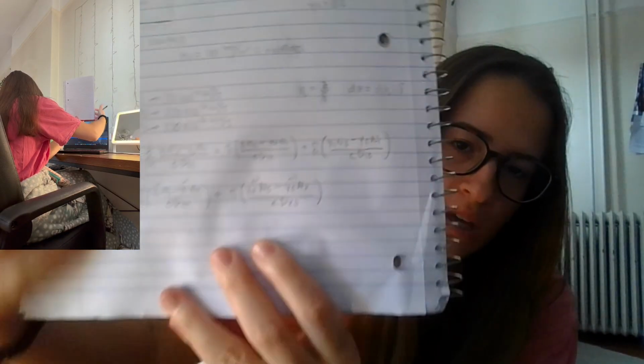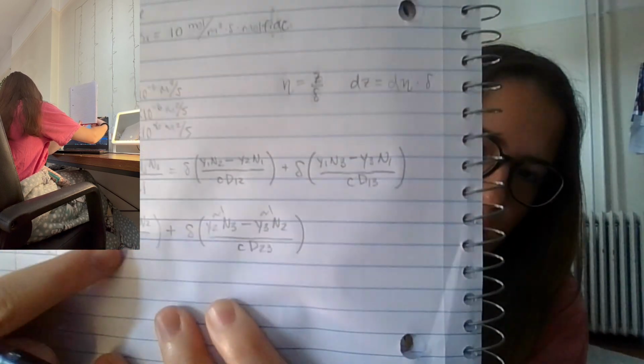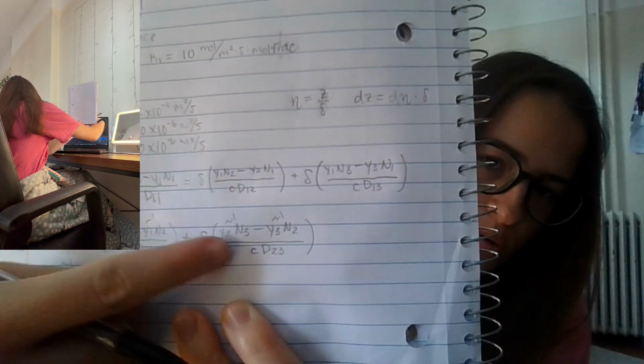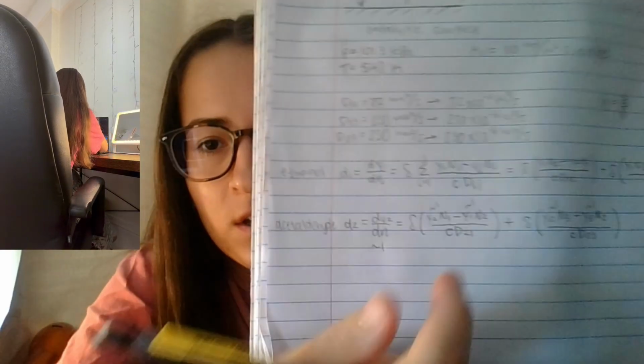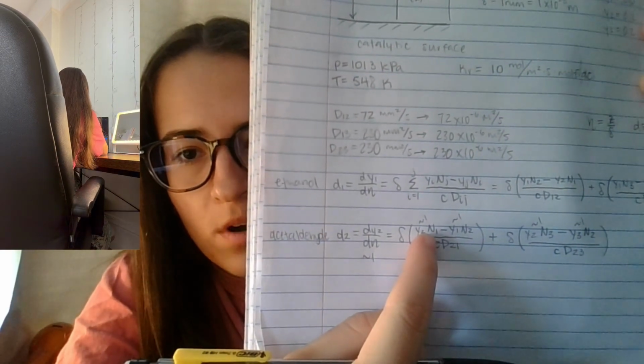So we're going to be looking at this specific example here. The N2 we'll get rid of, and the N3 we'll recall that the flux of that we're getting rid of as well. So we're just looking at this N1 here.